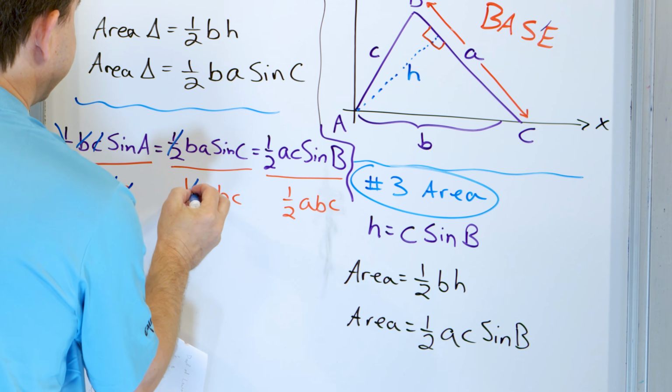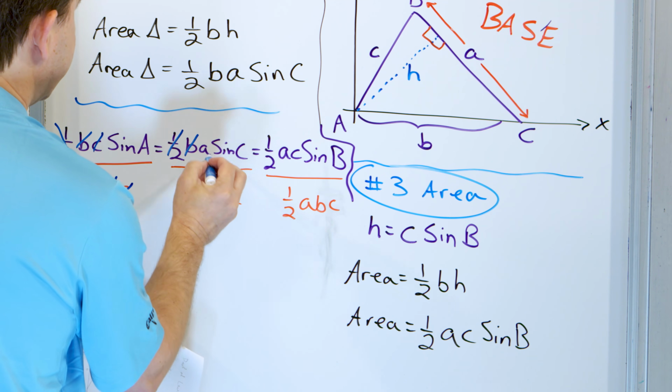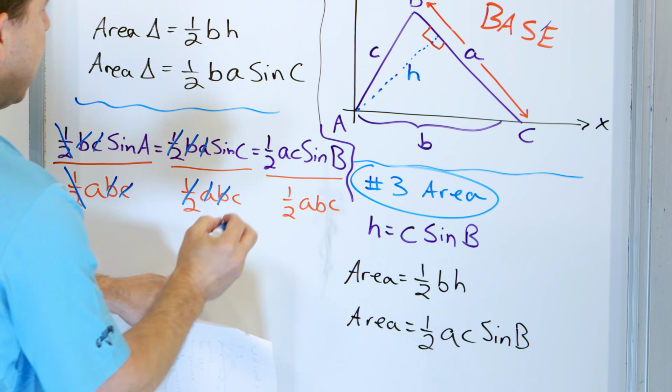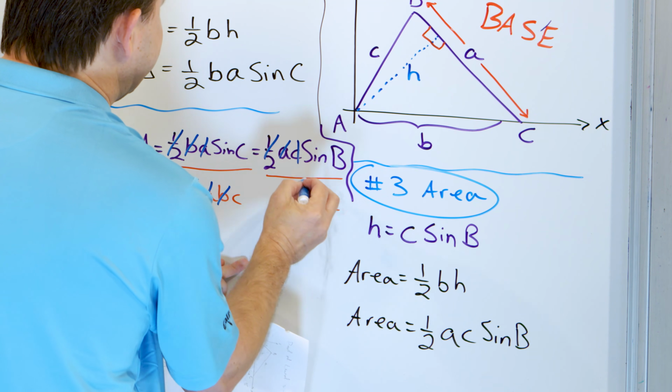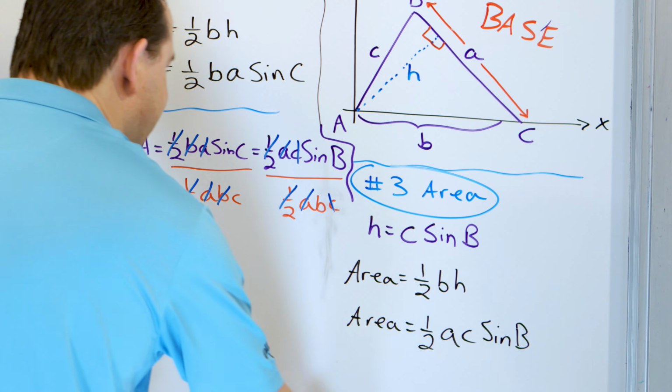And 1/2 is going to cancel here, and B is going to cancel here, and A is going to cancel here, and 1/2 is going to cancel here, and A is going to cancel here, and C is going to cancel here. And what do we have left?